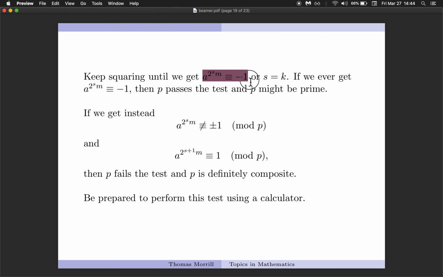So if I ever get one of these numbers, a to the power 2^s times m is -1 modulo p, then p passed the test, p might be a prime. And likewise, if I get all the way up to the kth power, then again, p passed the test, p might be prime. That's really a way to bundle in yesterday's test, because if s equals k, I'm just looking at a to the power p minus 1.